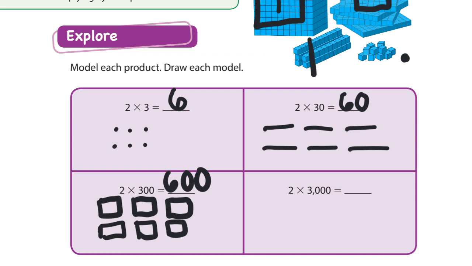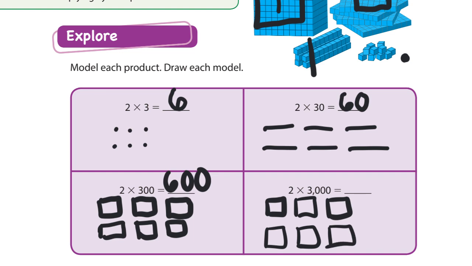And 2 times 3,000, I'm going to make 2 rows of 3 thousands. So inside of each of them, I'm going to put a T for 1,000. 1,000, 2,000, 3,000, 4,000, 5,000, 6,000.